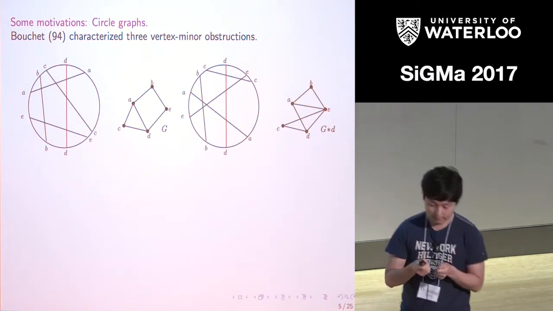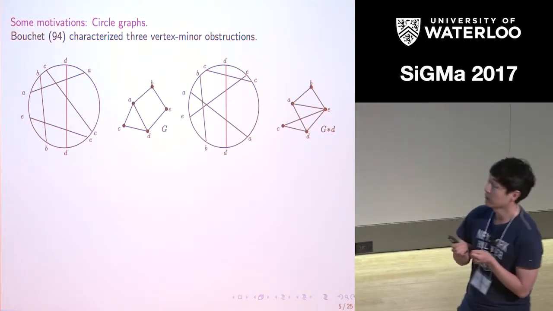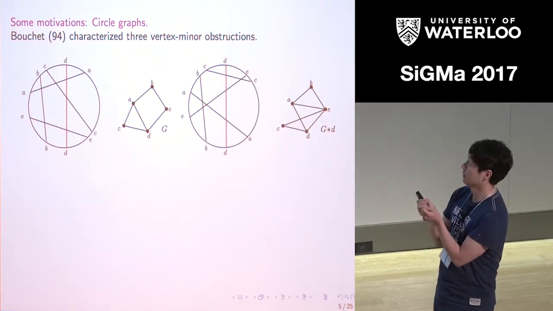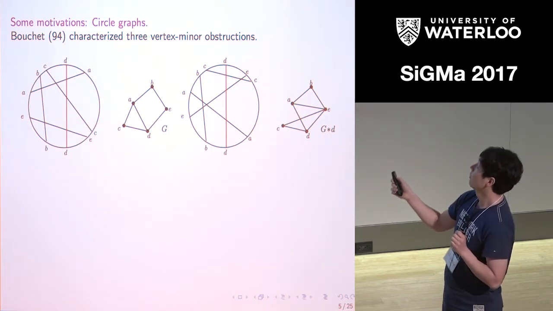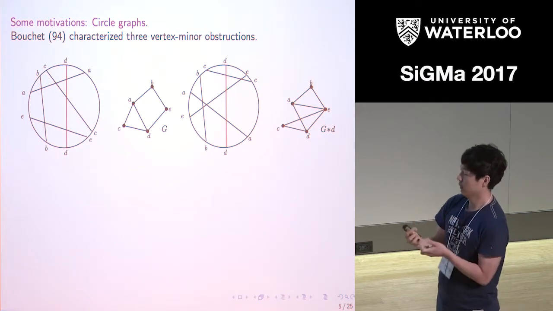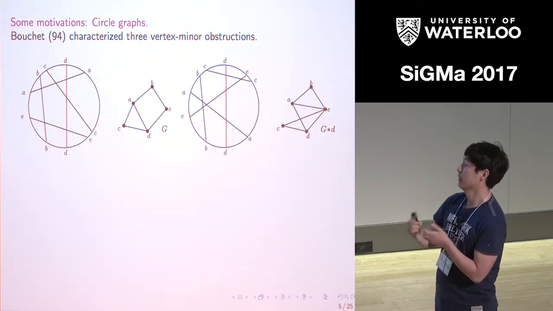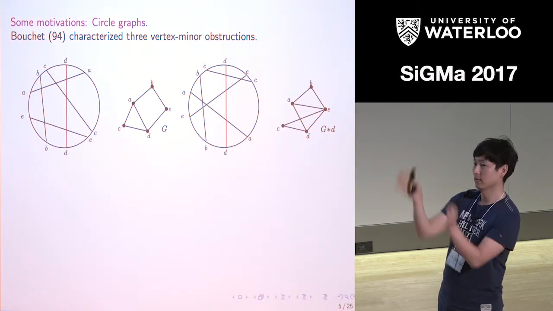You can observe that doing a local complementation on a circle graph can be realized by a certain operation on this chord diagram. I want to apply local complementation at vertex D. So how do I do it? In this diagram, the endpoints of D partition the circle into 2 parts.